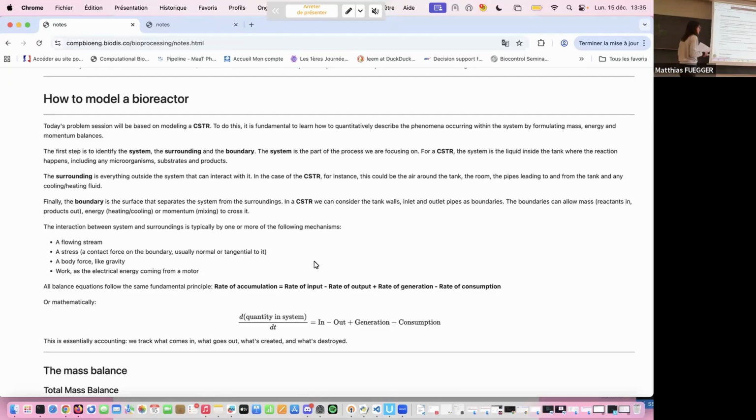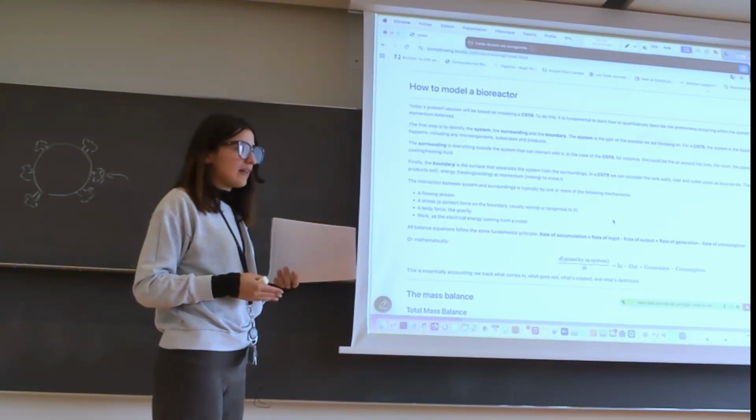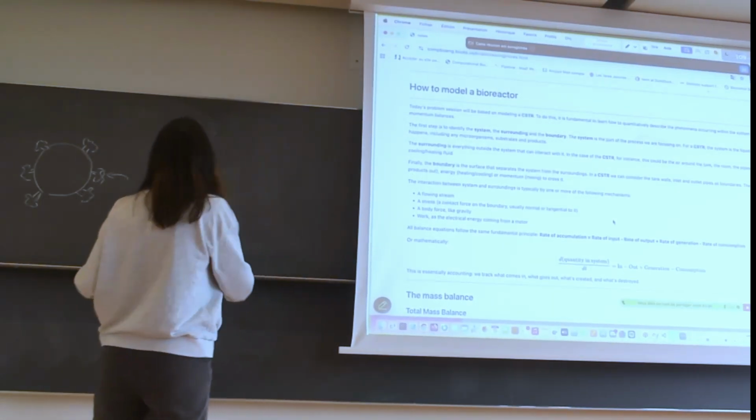The first thing that we have to do is to recognize three things that are the system, the surrounding, and the boundary. The system is the part of the process where we are focusing on. So for the CSTR, that looks like that.